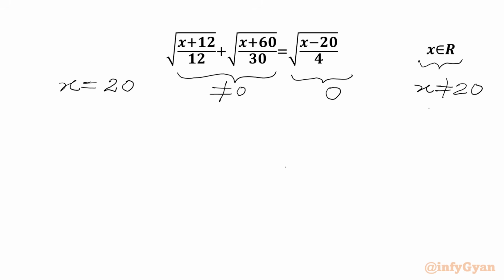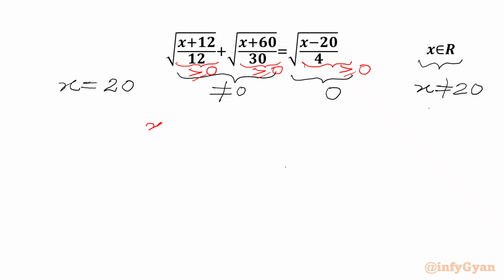Now we will find the domain of the equation also. So our radicands must be non-negative. We will write here this should be greater than or equal to 0, this should be greater than or equal to 0, this should be greater than or equal to 0.